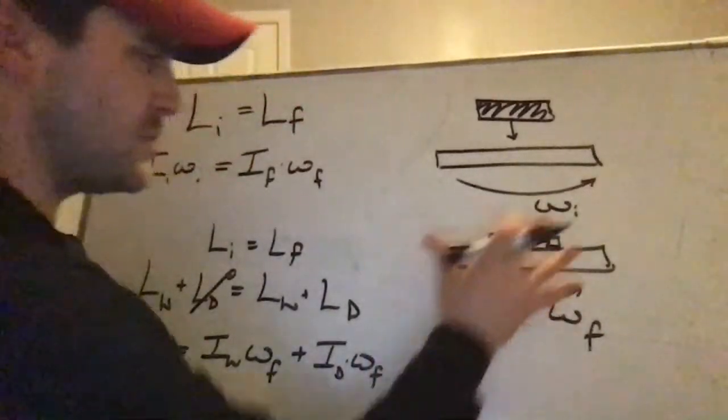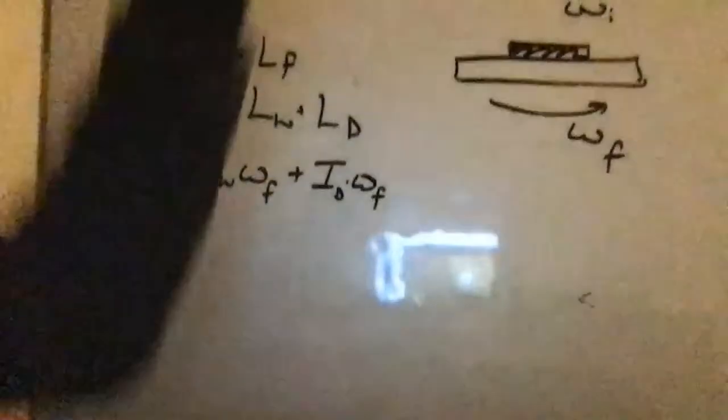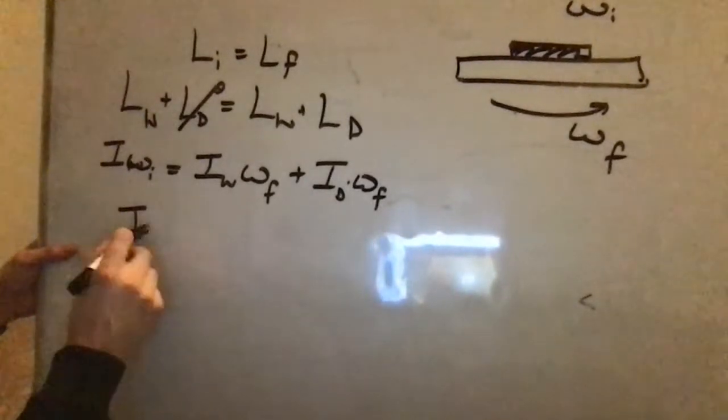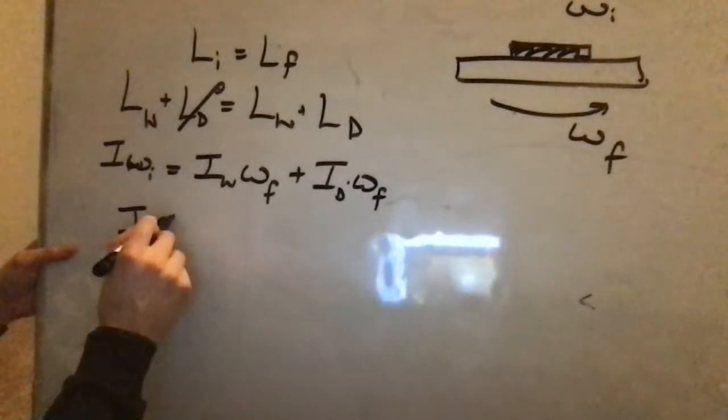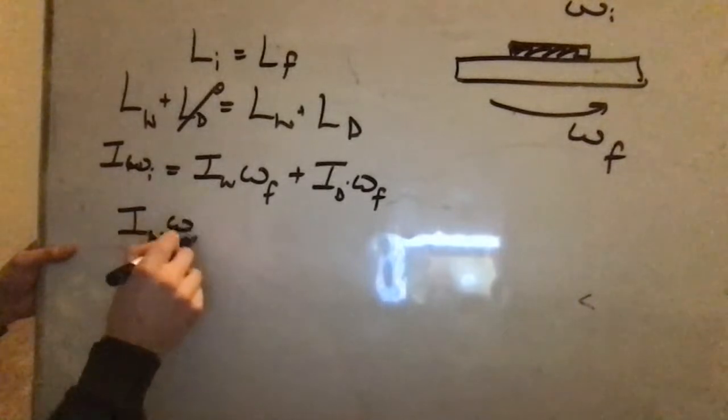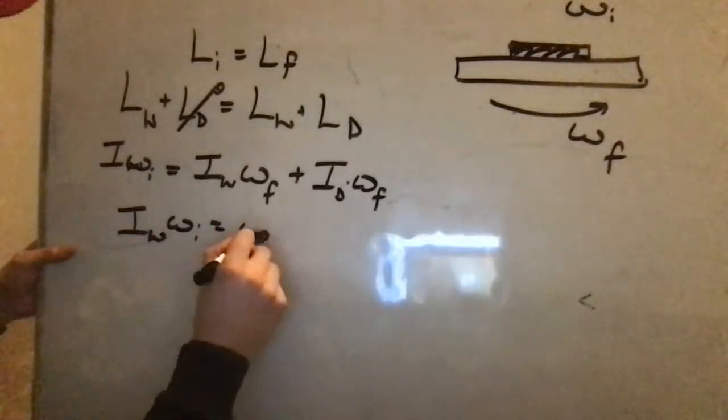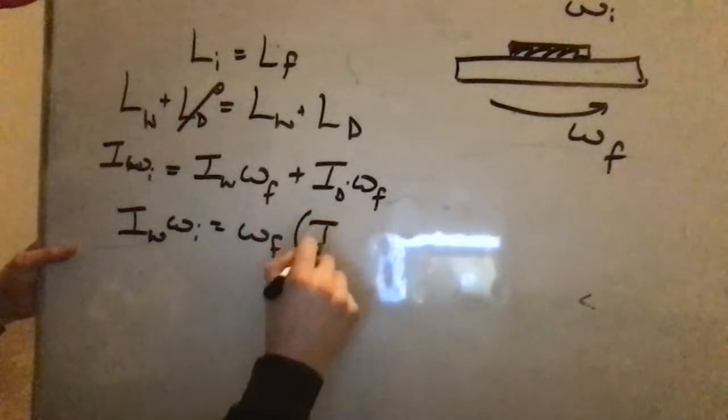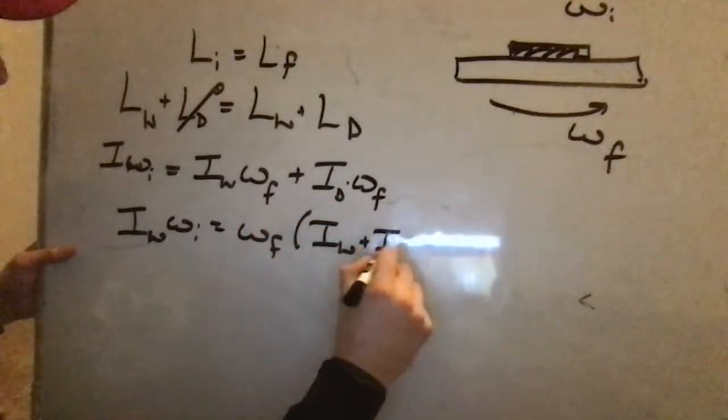Both of the final speeds, because they're stuck together, are the same. So we made another adjustment. One more mathematical change: I of the wood times omega initial equals omega final times I of the wooden one plus I of the disc.